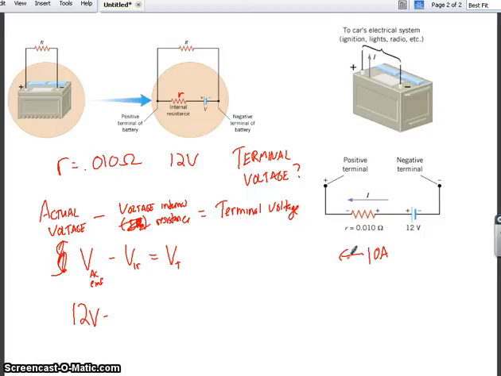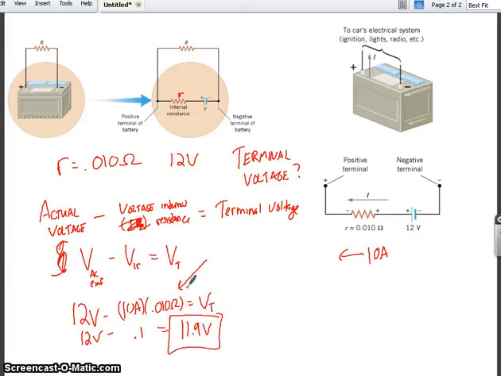So we know that V equals I times R. I is equal to 10 amps, R is equal to 0.010 ohms. 10 times that is going to equal 0.1, so we're going to have 12 volts minus 0.1 equals our terminal voltage, which is going to be 11.9 volts. So this is our terminal voltage, and that is our internal resistance.